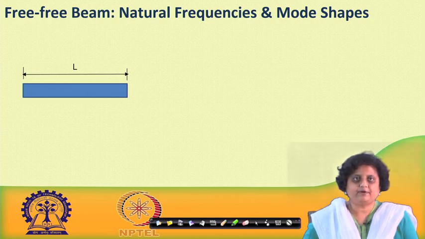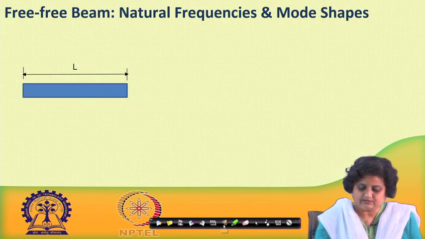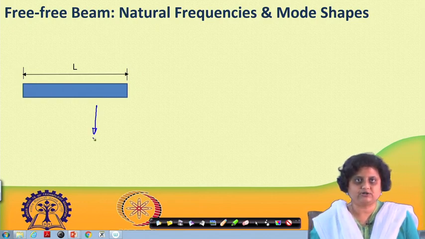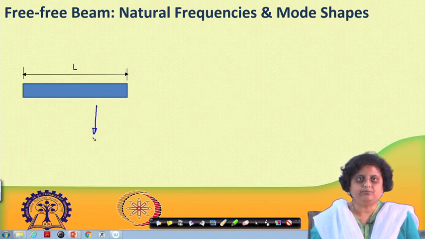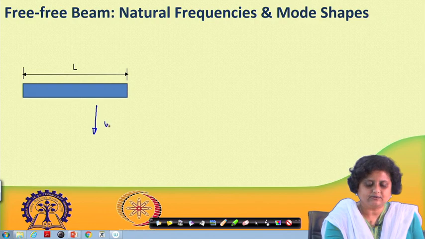So, if we have a free beam undergoing flexural vibration, then there would be one rigid mode, that is the beam would be free to move in this direction. The beam will be free to move in this direction since there is no constraint in this direction, and because of this rigid body mode there would be a natural frequency which will be equal to 0.